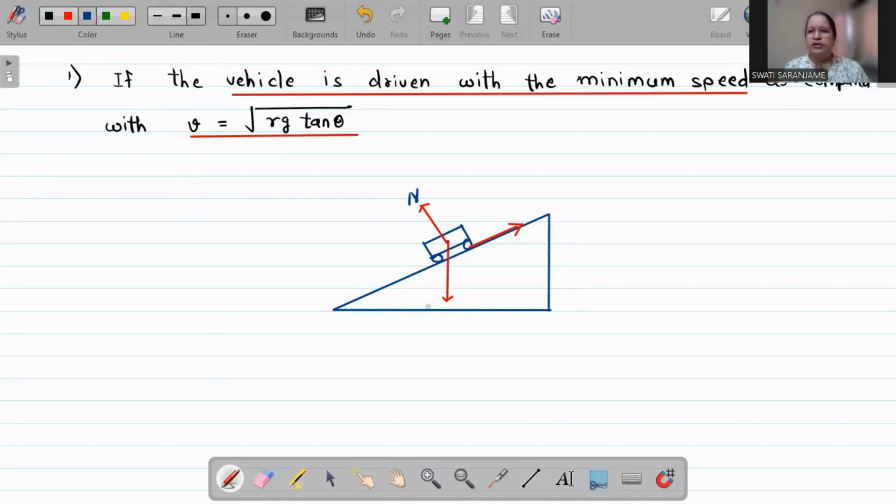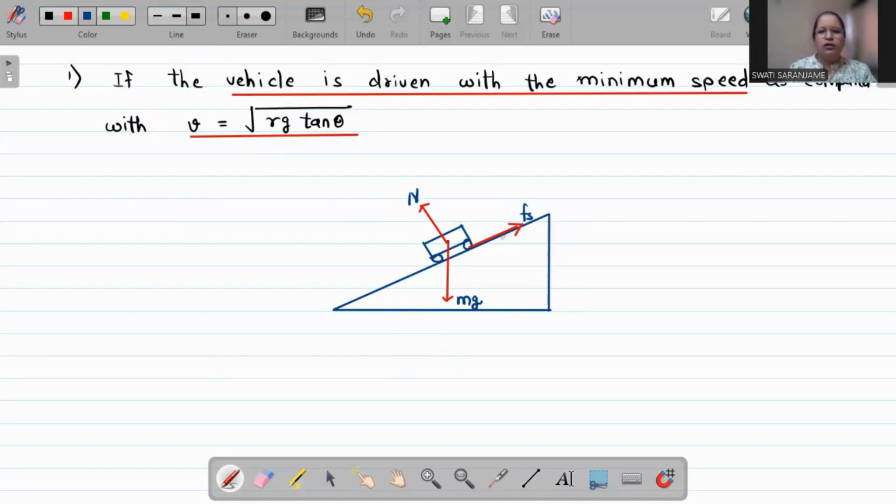This arrow represents the normal reaction. This represents the weight mg of the car, and as we just spoke, this represents the force of friction. Now, there are two forces, normal reaction and force of friction.